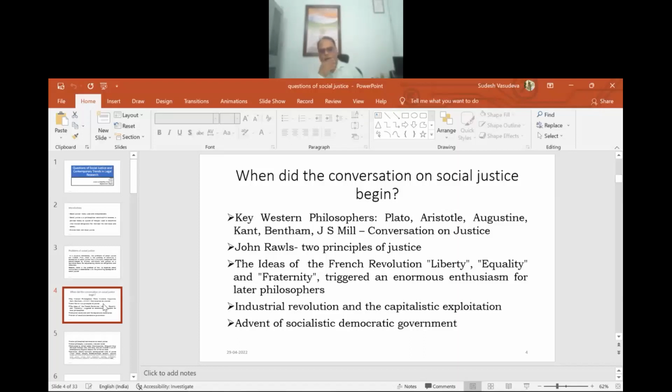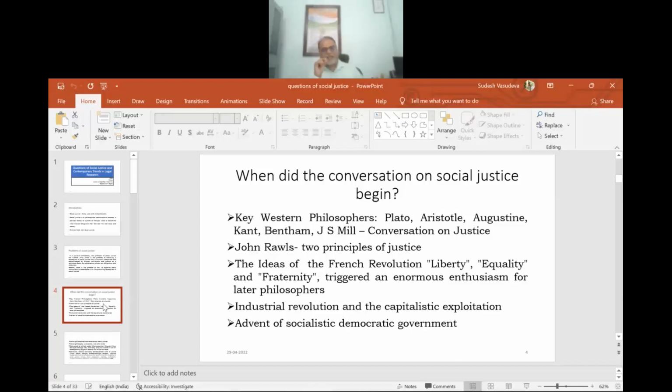Following the revolutions that shook Europe in the mid-1800s, social justice became a rallying cry for all progressive thinkers and political activists. Therefore, I said in the beginning that the concept of justice, or social justice in particular, is a philosophical content loaded with political statement.